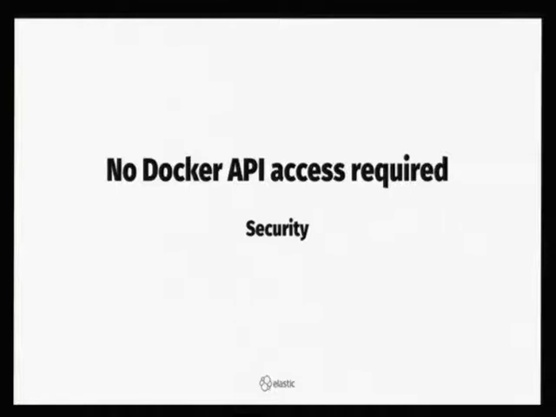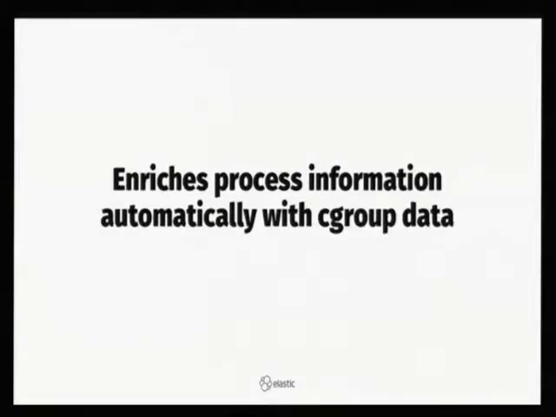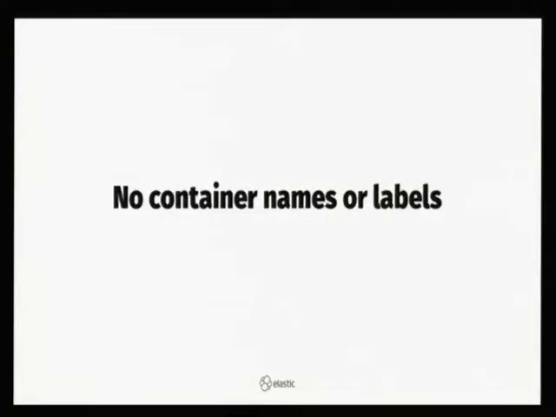So just reading proc is, from a security point of view, probably the nicer approach. Proc works on any kind of container technology, not just Docker. We can automatically enrich your processes with C group information. Major downside, if you're using Docker, there are no Docker names or labels because they are Docker specific. So you will lose that information if you just use proc.